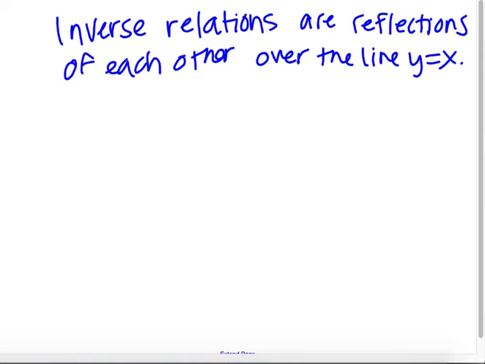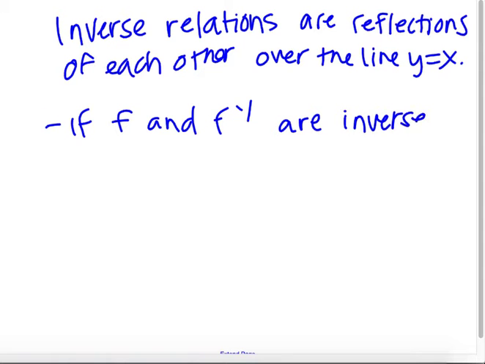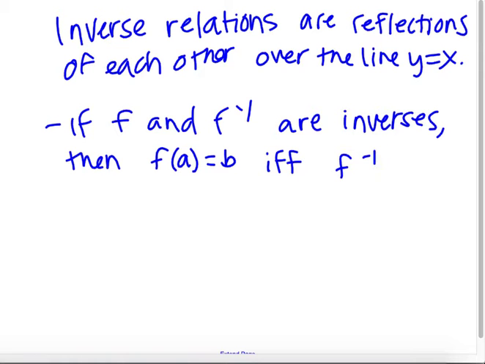So basically, if f and f negative 1 are inverses, then the x's and y's are switched. So f of a equals b if and only if they are inverses, those values are switched.